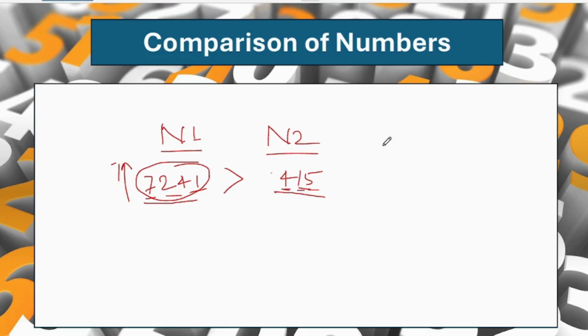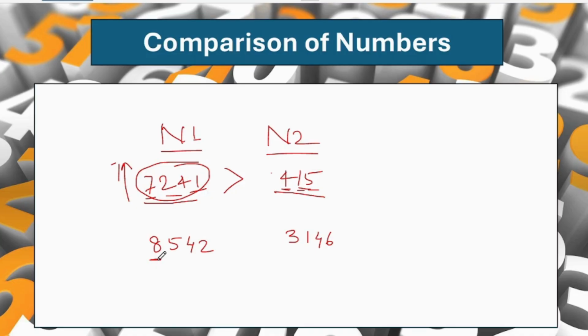Fine. Let's take another example. Let's take 8542 as a number and 3146. You have to compare these two numbers. So you start from the extreme left hand side.